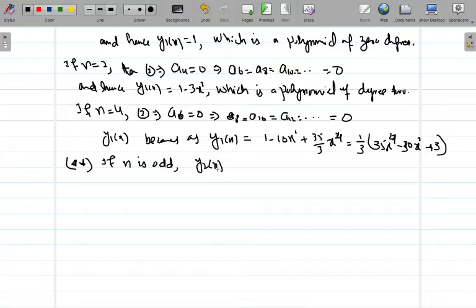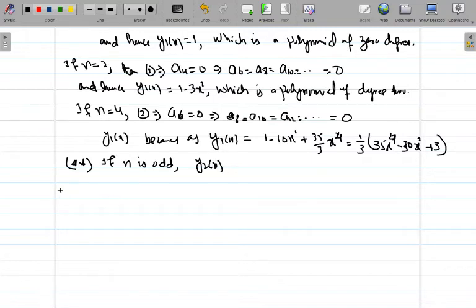The other solution, in the general solution, y is equal to a1 y1 plus a2 y2. In y2 the powers are odd, so this will be an odd degree polynomial of degree n, where n should be some odd number.